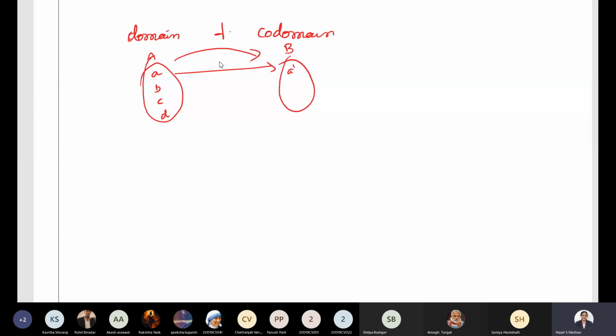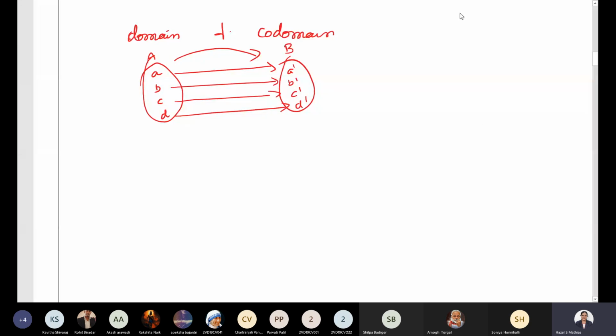A is mapped to A dash, B is mapped to B dash, C is mapped to C dash, D is mapped to D dash. So every element in the domain is mapped to a unique element in the codomain. Every element in A assigns a unique image in B. Then we say that there exists a function.